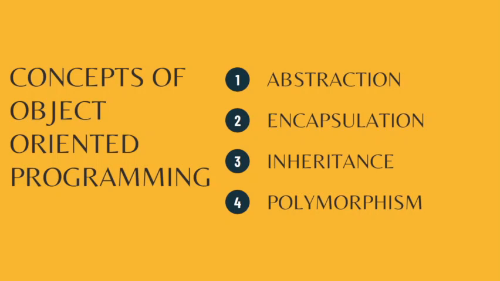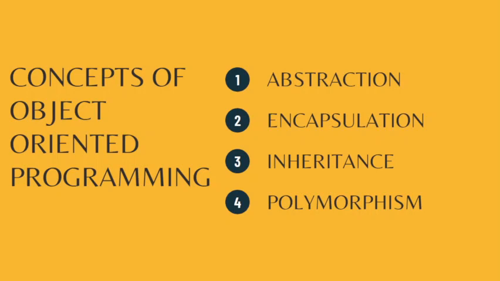So encapsulation means encapsulating, like engulfing something that belongs to you to show that this belongs to me. It is sort of related to what we call global and local variables in procedural programming languages like C programming, but it is different.